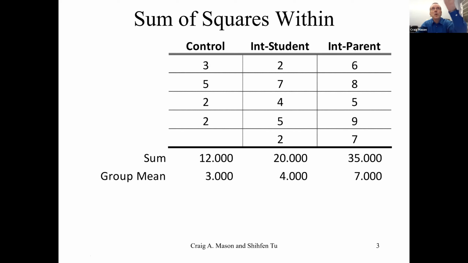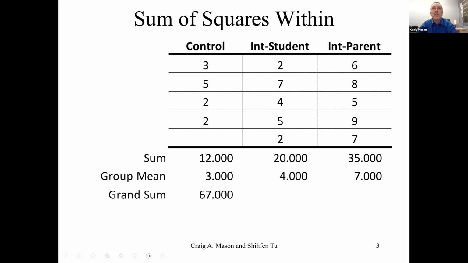Okay, now I know we're working on the sum of squares within, but while we're here, let's also calculate the grand mean. The grand mean is just the sum of everybody's score, I'm sorry, the grand sum, I should say, which was 67.